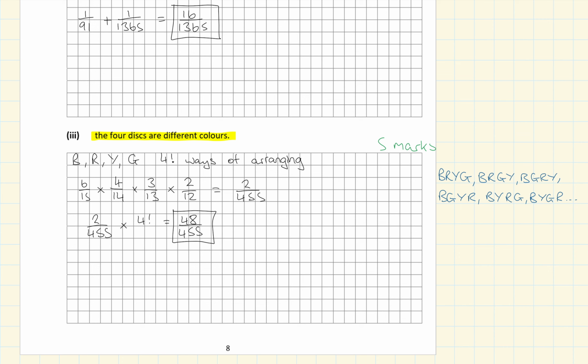Then we'd run through our options for red, and then for yellow, and then for green. So it's 4 colours. We have 6 orders, we'll say, per colour.